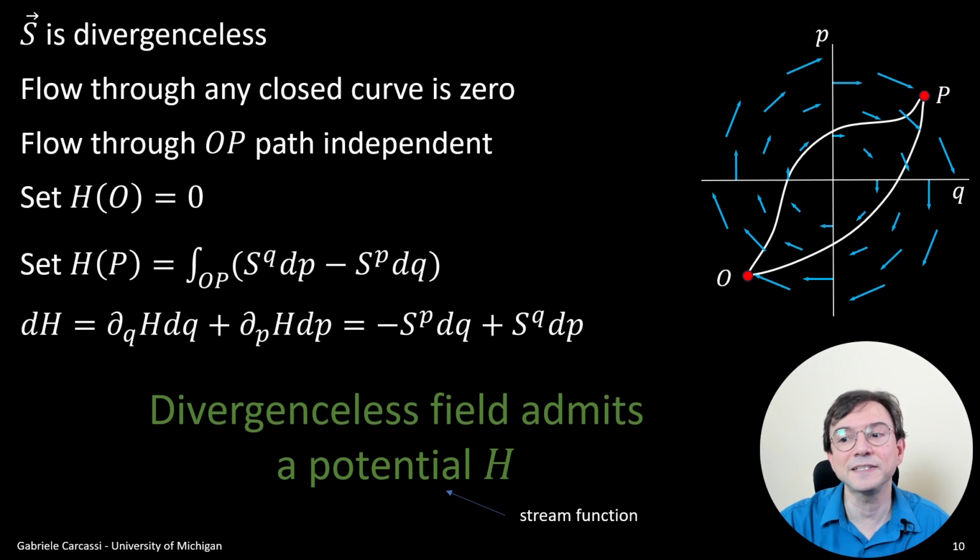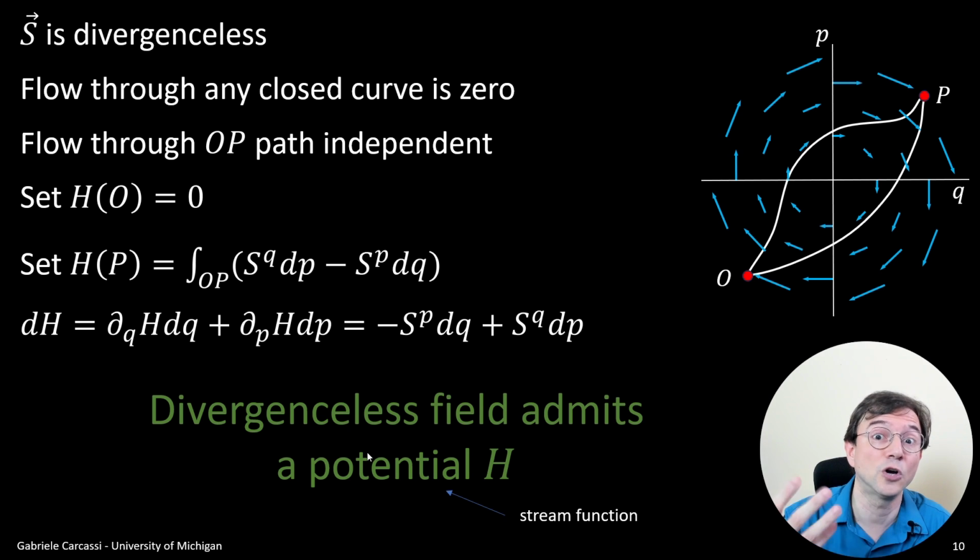So a divergenceless field admits a potential H, right? And the potential is actually the Hamiltonian. And the more proper term is not really a potential, it's called a stream function, but it's basically a potential. It's just that you're doing something slightly different than what you're doing with the scalar potential, which is usually for gradients and not gradients, curl and not curls, and divergence.